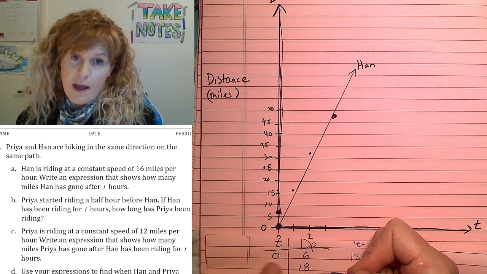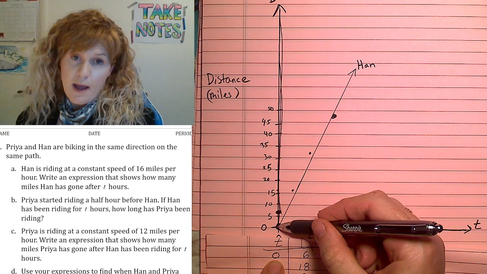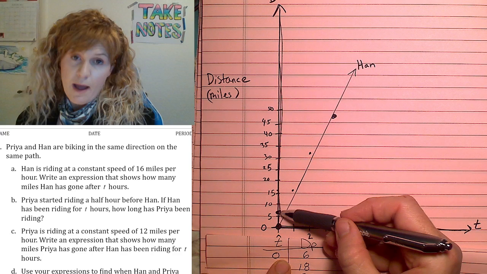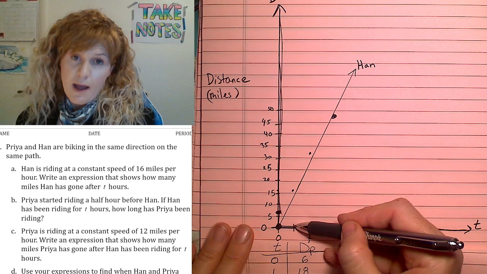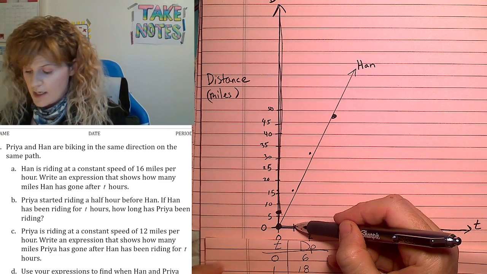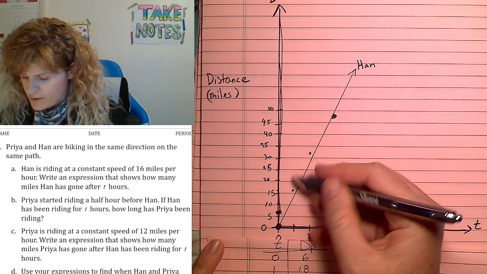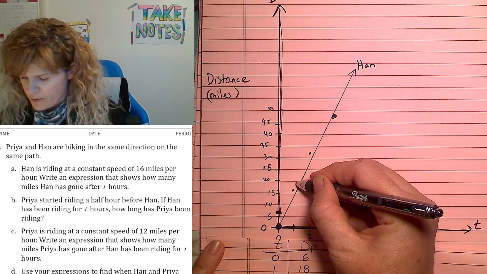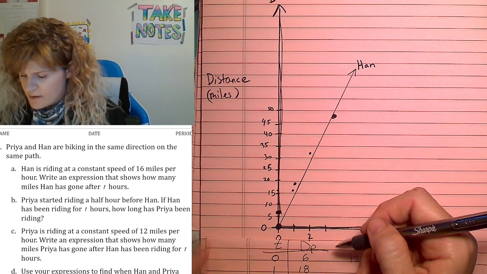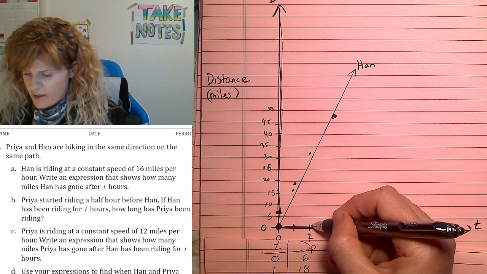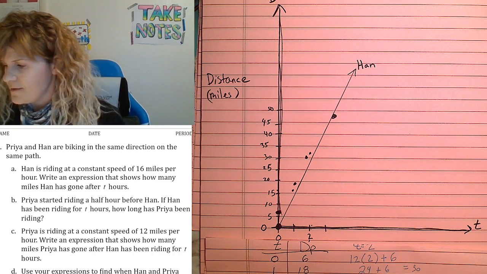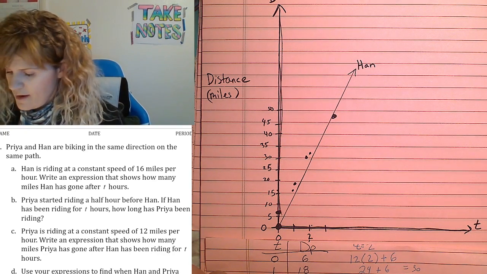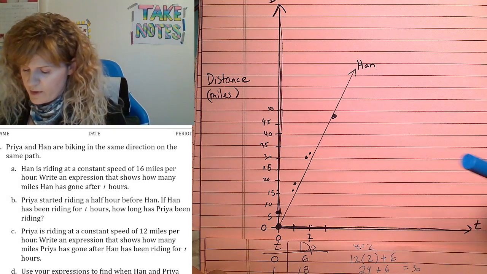So at time equals 0, Priya has ridden 6 miles already. At time equals 1 hour, Priya has gone 18 miles. So that's right below the 20 here, like that. At 2 hours, she's gone 30 miles. So that's right here. You know what? I need to use a different color. Otherwise, I'll never figure this out when I want to draw my line.